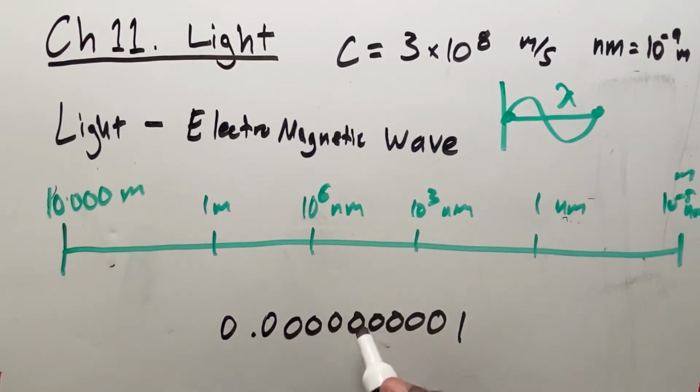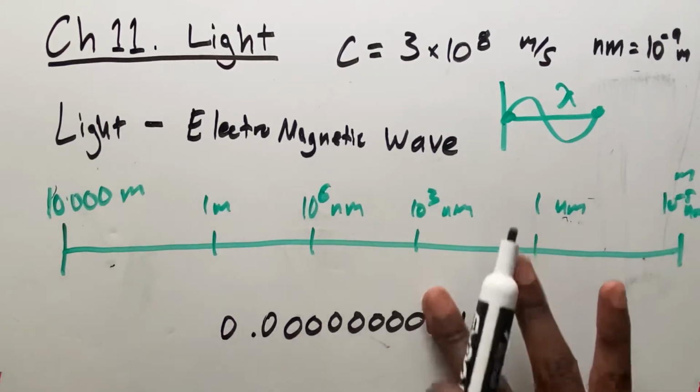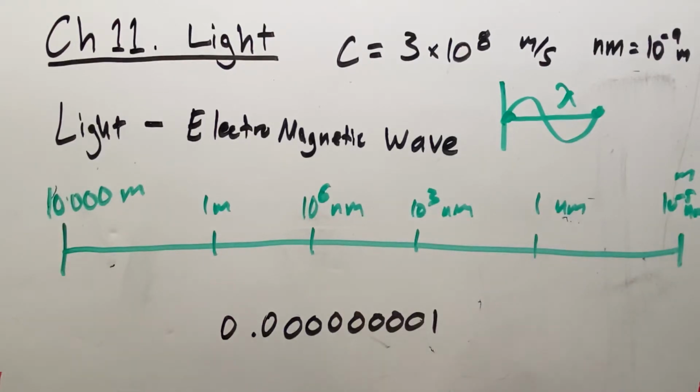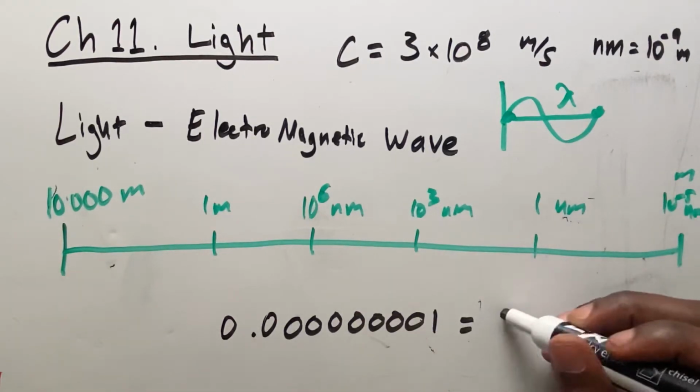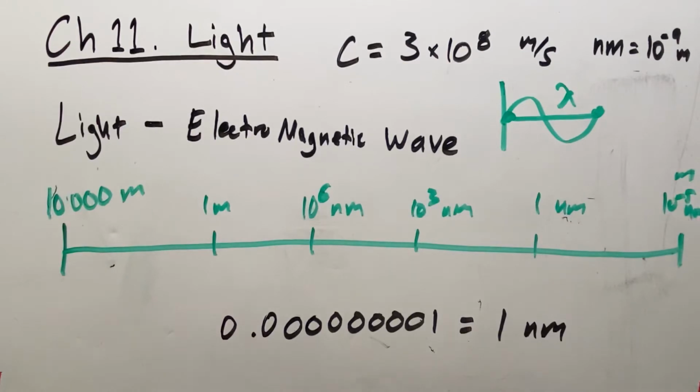This would be like right here. Boom. So this here is 1 nanometer. So again, kind of imagine how small that basically is. All these zeros and then a 1 is 1 nanometer.